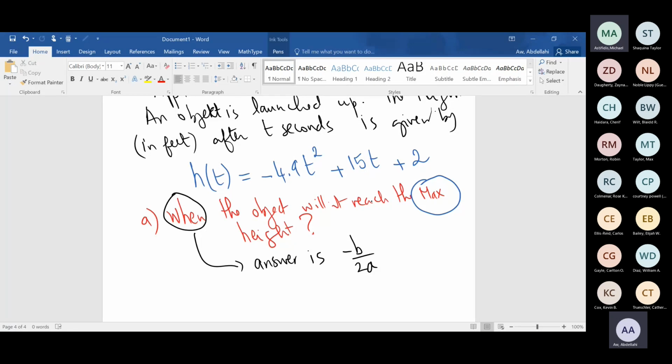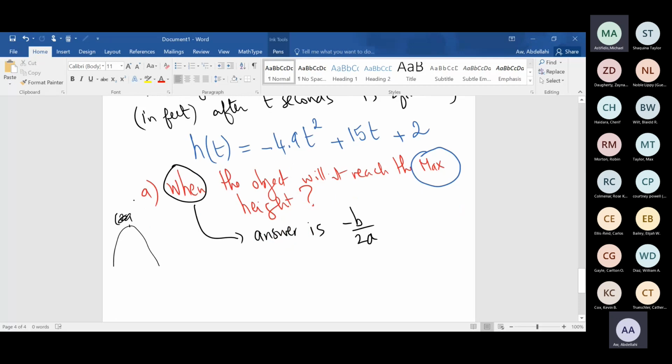So for instance, right here, for this one, it's 2 seconds. I got it. You got it? Okay. Yeah, because we need this k to replace the h with the k to find the t. Exactly. So the answer is negative b over 2a. Every time we ask you, when do we reach a maximum? The answer is the h of the vertex, the first coordinate of the vertex.